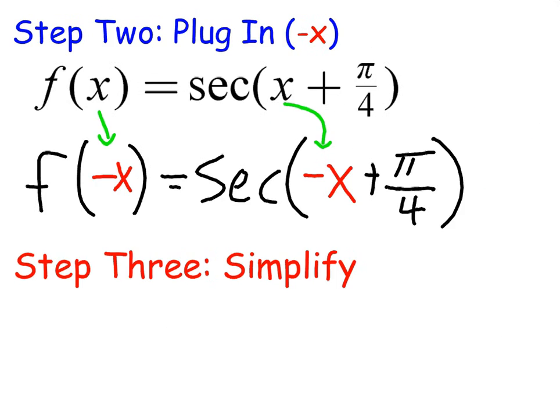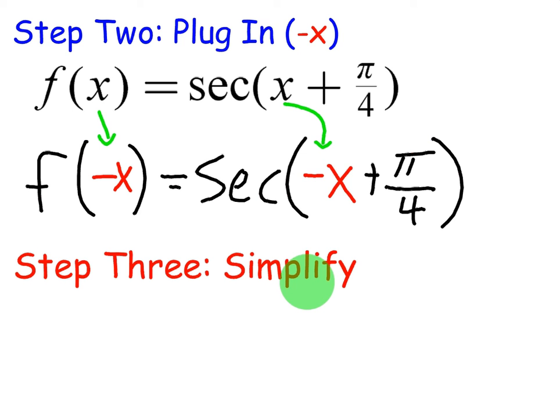Okay, step 2. We definitely have to plug in negative x. So f of negative x is equal to secant of negative x plus pi over 4. Our next step would be to seek to simplify this expression. Now, the thing is, we can't really simplify this expression.